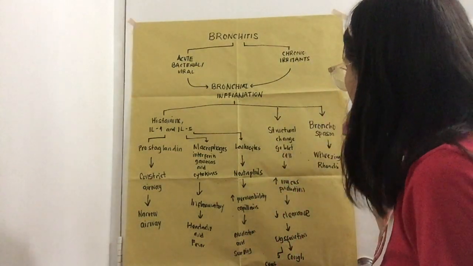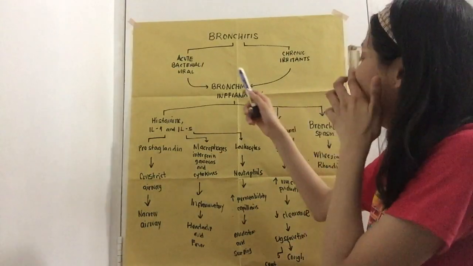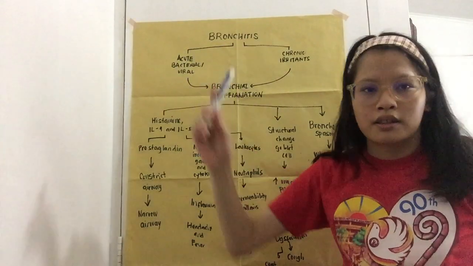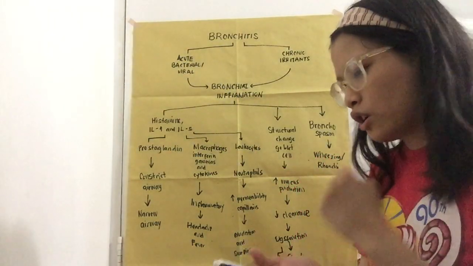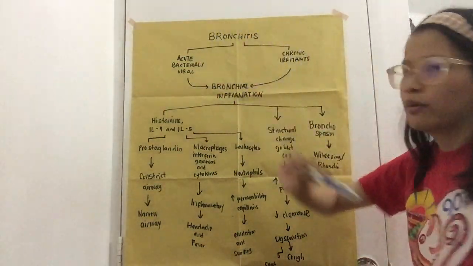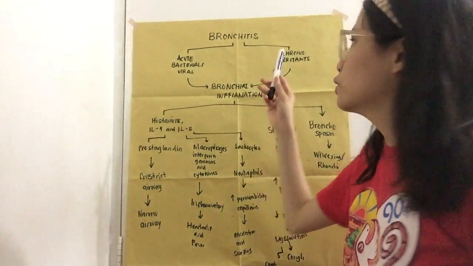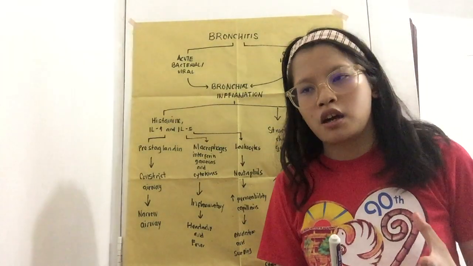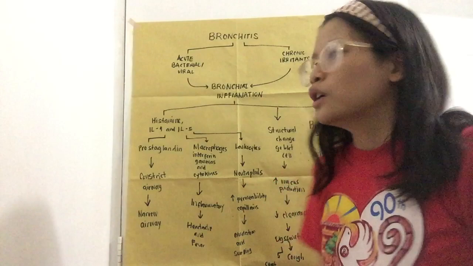And if acute bronchitis occurs more commonly over time, it could become chronic bronchitis. Chronic bronchitis could become COPD through time. This is chronic obstructive pulmonary disease.